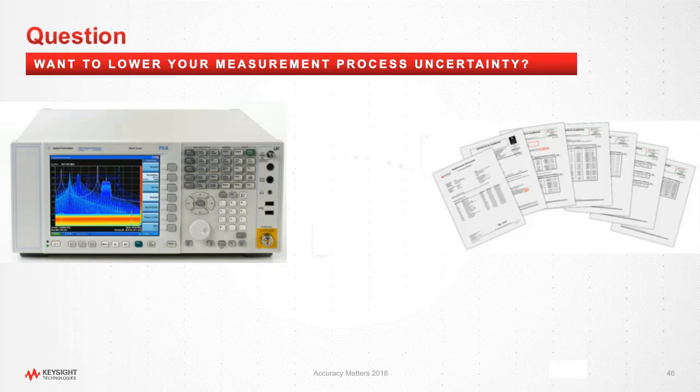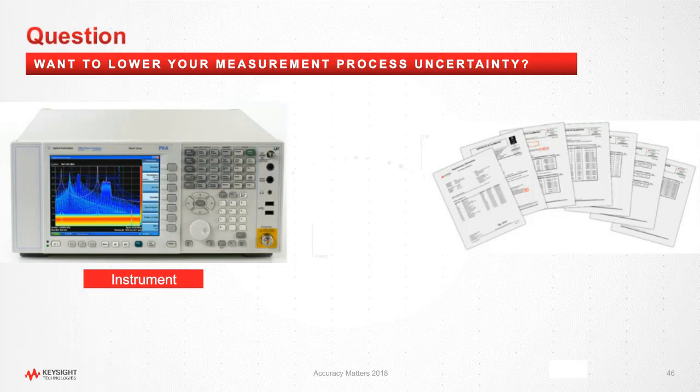So how do you do that? Well, there's really two ways. If you identify the various errors in your system, and there's another instrument, maybe newer, which is more accurate than the one you were using, that's one way you can lower your measurement uncertainty right there.